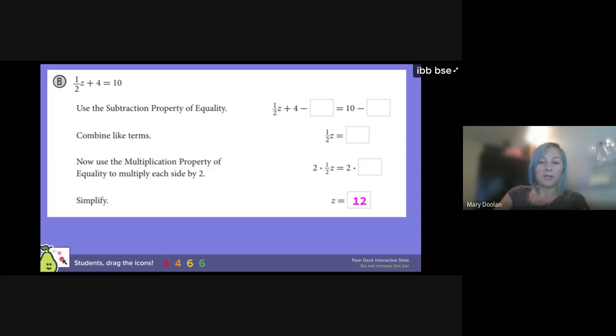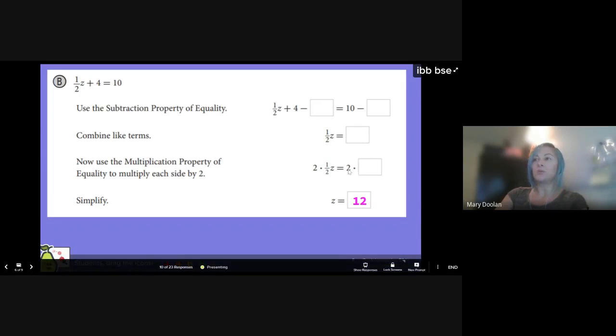I see some people are working the other way around, so that's kind of an interesting tactic. They took the fact that my answer is 12, z equals 12, and then just working up, well, what would you multiply 2 by so that you get 12? It's a good idea.